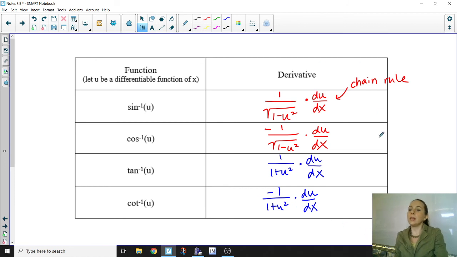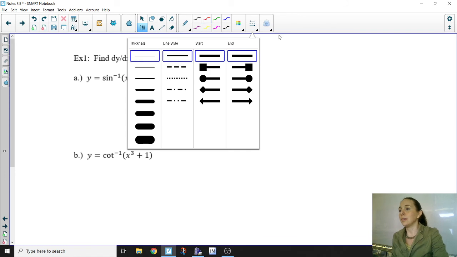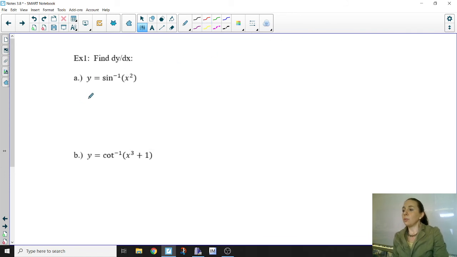Okay, so now, last part of this little video, let's use these formulas in some examples. We are now ready to do example 1. Find dy over dx. So the derivative, which you can denote as dy over dx or y prime, is coming from the derivative formula for the inverse sine of x squared.